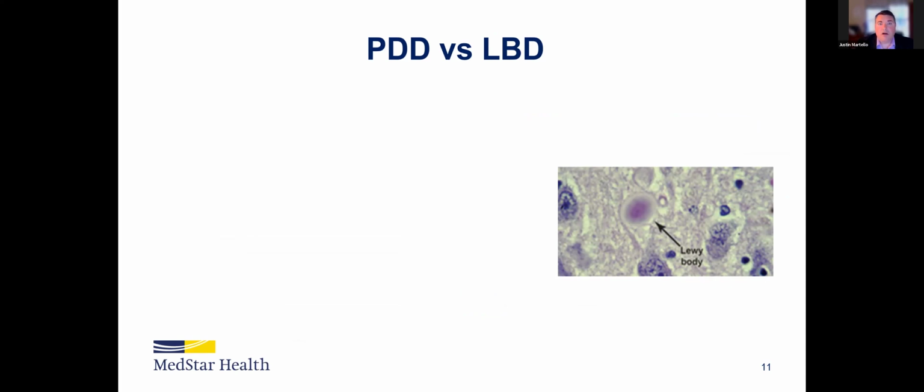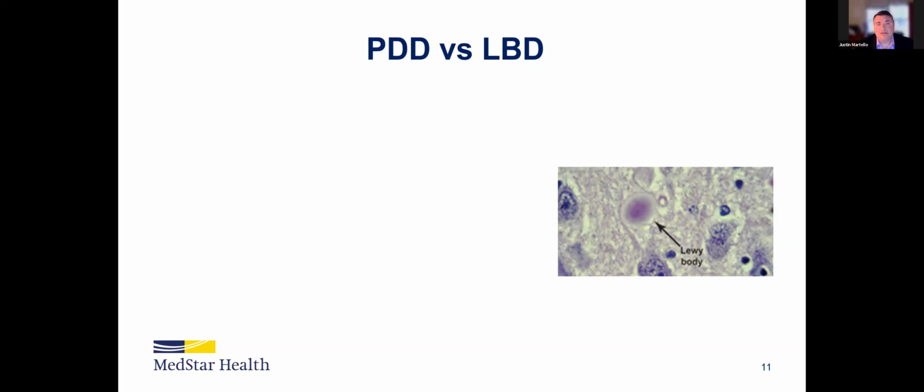Now, there are a lot of similarities, and I will tell you, you can have two people in the room, and all you had was their exam findings, what they looked like, and so their symptoms, and they could sound the exact same between the two of them. The big difference, and we'll go over some differences between PDD, Parkinson's disease dementia, and Lewy body dementia, is that the Lewy body dementia person will say, I have all these issues and I've only had the disease for 3 years.